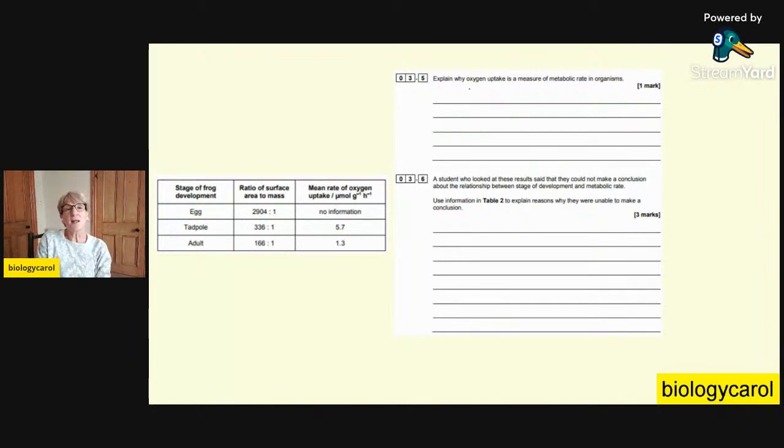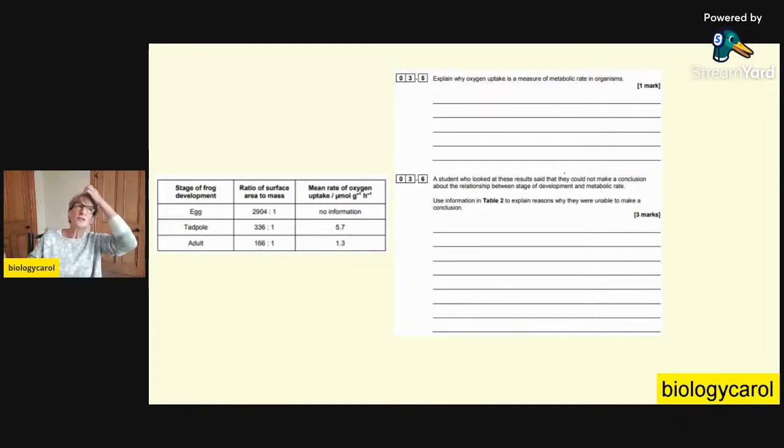So explain why oxygen uptake is a measure of metabolic rate in organisms. Now, I have to say, I think this is a bit of a weird question, because metabolic rate is just all of the reactions that occur in the cell, whatever kind of reactions they are. So why is oxygen uptake a measure of metabolic rate?